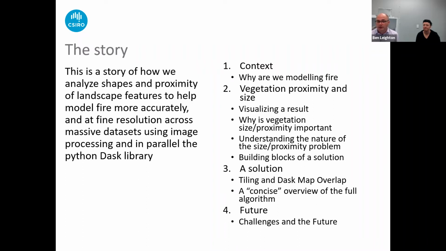Hopefully I'll give an introduction for those who haven't used map overlap on how it actually works, with some visualization, and a concise overview of the full algorithm. Probably won't go into too much detail there unless people have questions, and some potential future for this work and challenges as well. Now I'll hand over to Kim.